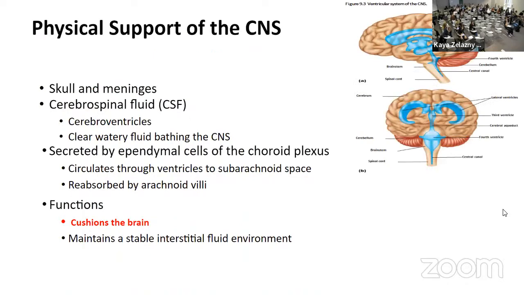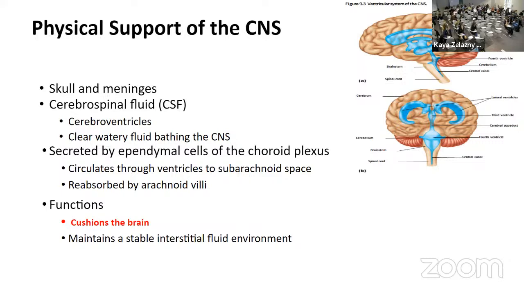So those are functional support for the central nervous system. We also got physical support for the central nervous system. Right? So we've got our bony structure, the skull, protecting you from like impact. We've got our meninges with their layers, the dura, the arachnoid, the pia mater, helping anchor your brain and your spinal cord in place to that bony support structure.